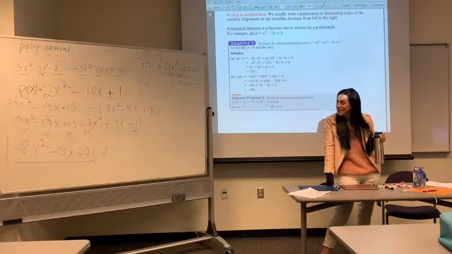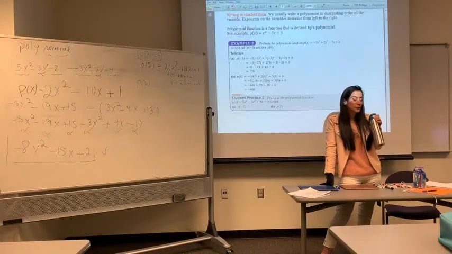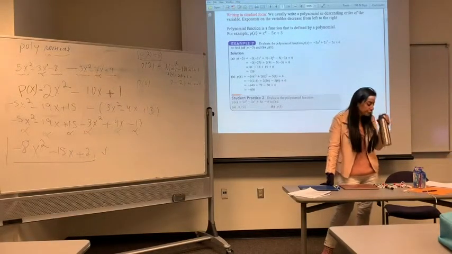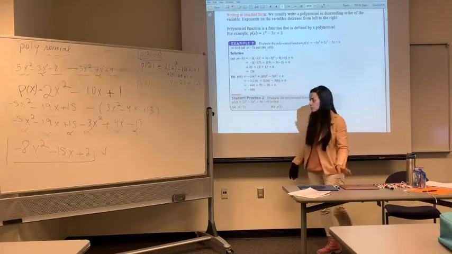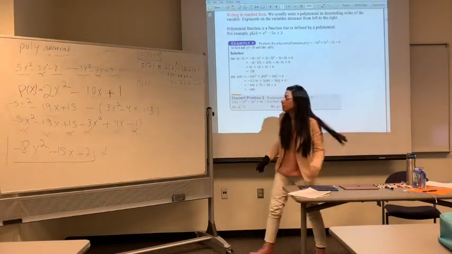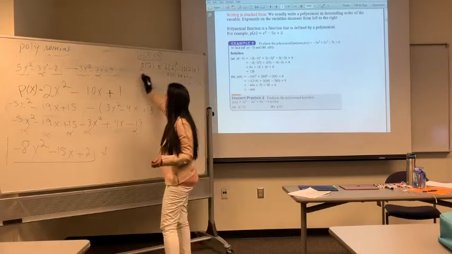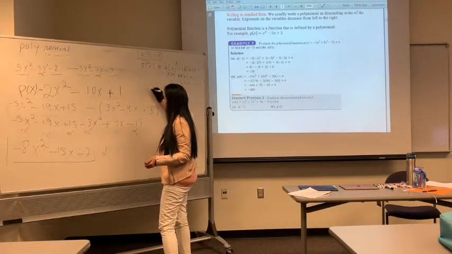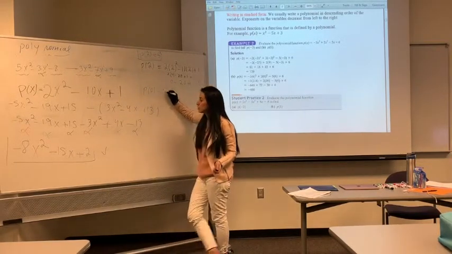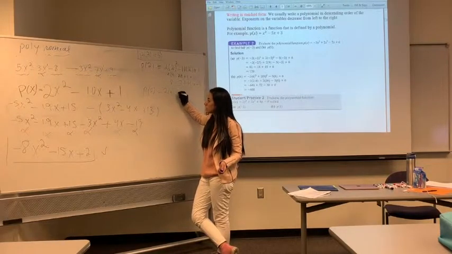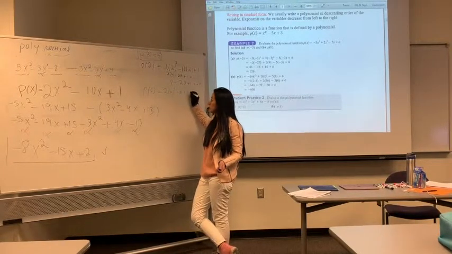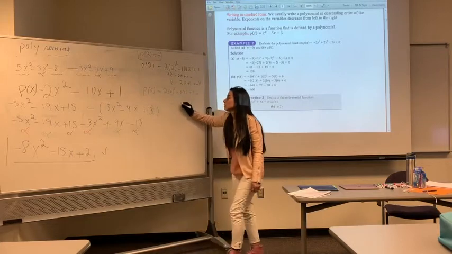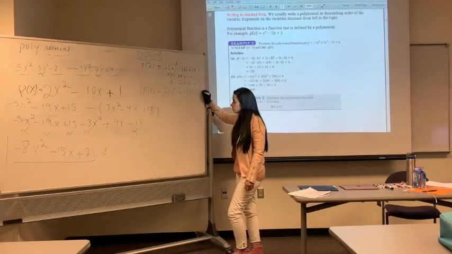I didn't put parentheses, so I thought it's 24. Okay, so we wanted to calculate for 0. Let's see. So 2 multiply 0 power 2 minus 10 multiply 0 plus 1 is equal to 1.